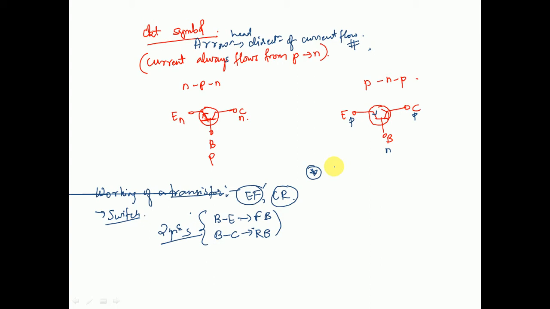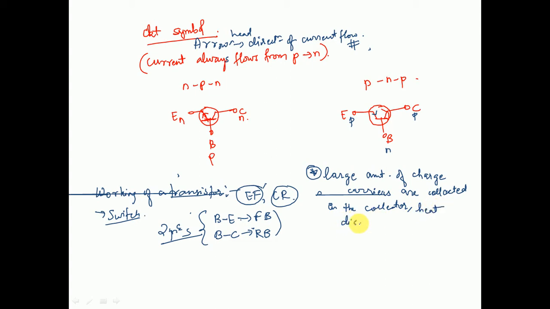Whenever a large amount of charge carriers are collected in the collector region, heat dissipation will take place, which can overheat the semiconductor and burn it, making it non-functional.